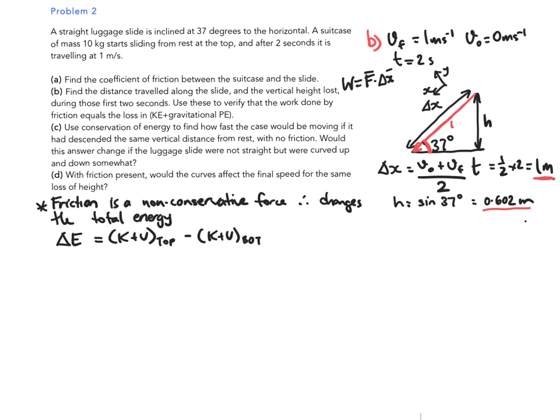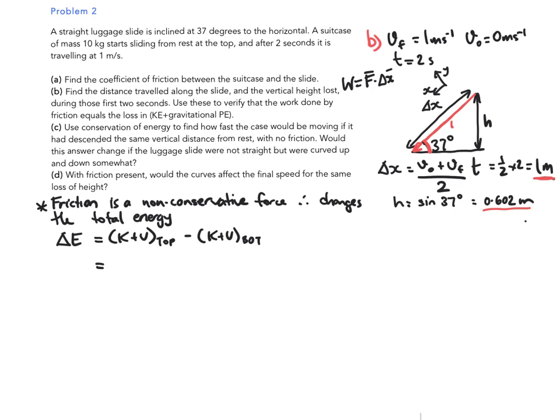So with non-dissipative forces, delta E would be 0, but we want to figure out if we've got any. We could test this. If we get 0 for the answer, then we don't have any friction acting, but we know we do. So let's do this then.